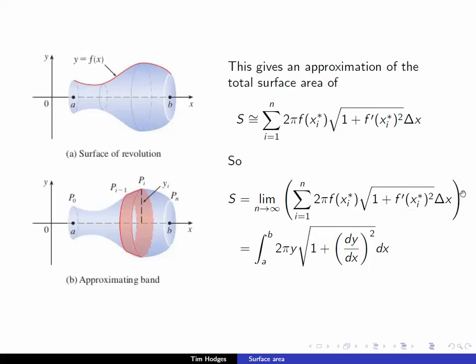But if we look at this limit, this is exactly the Riemann sum expression for the integral from a to b of 2 pi y times root 1 plus dy by dx squared dx. And so that tells us that this limit is equal to this formula. So that explains, at least heuristically, where this formula comes from.